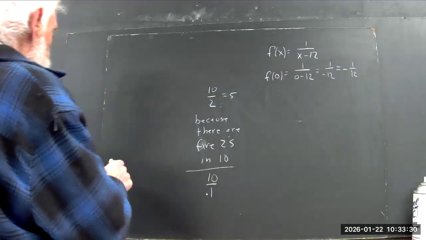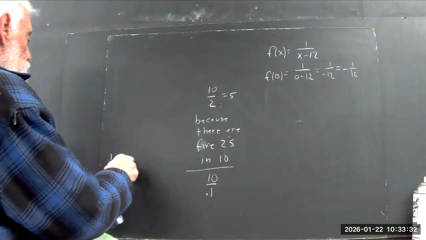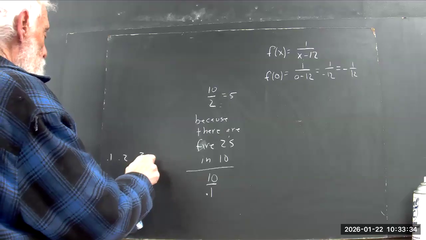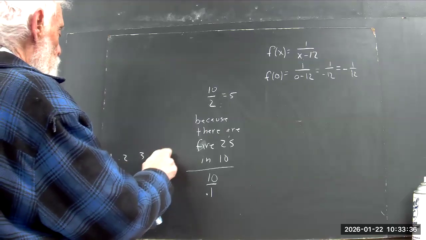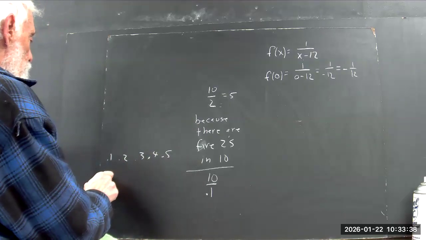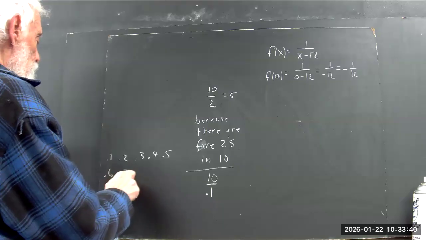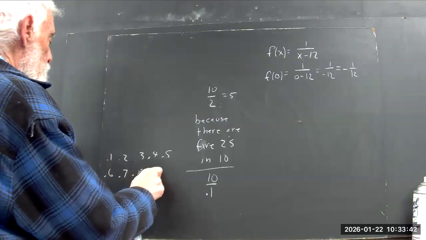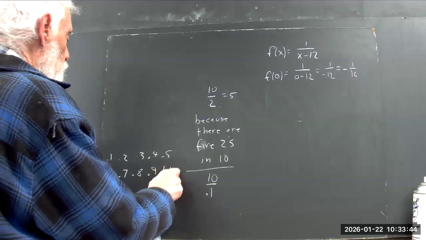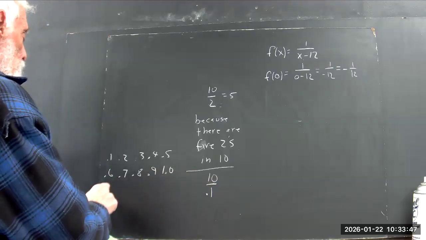If you try counting to 10 by 0.1, try writing them down. You can do it in a minute or two. I'll even show you a little of that. You get 0.1, 0.2, 0.3, 0.4, 0.5, 0.6, 0.7, 0.8, 0.9, 1.0, and you keep counting by 0.1s.